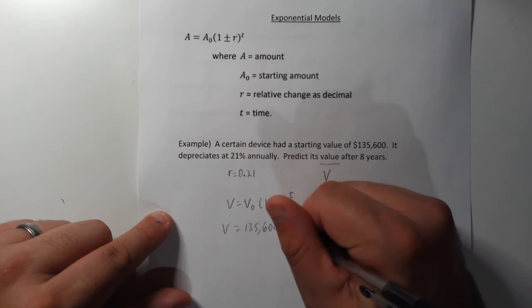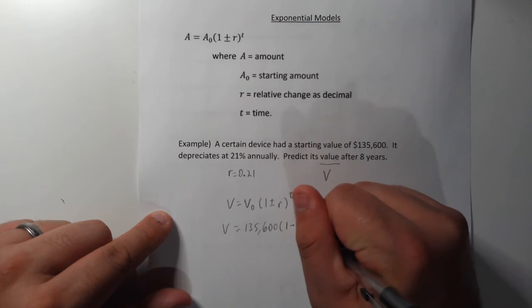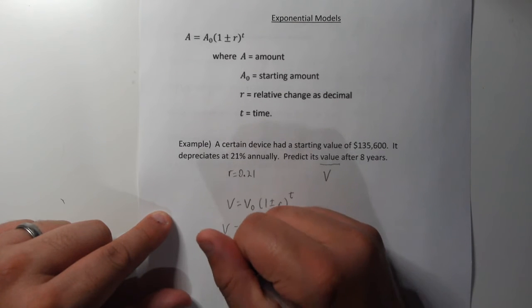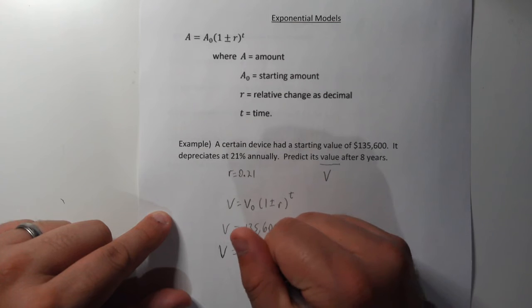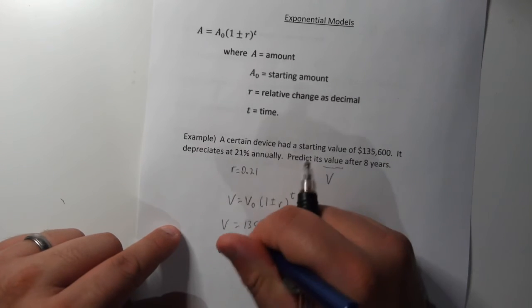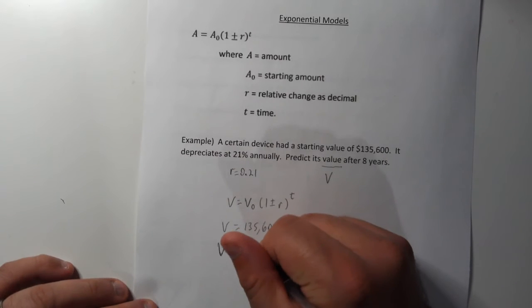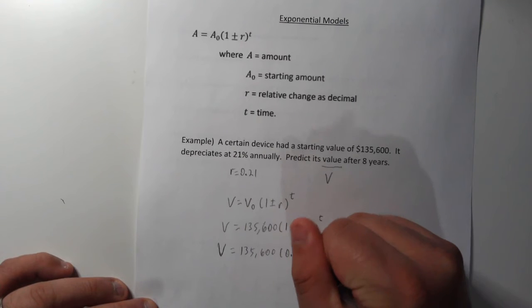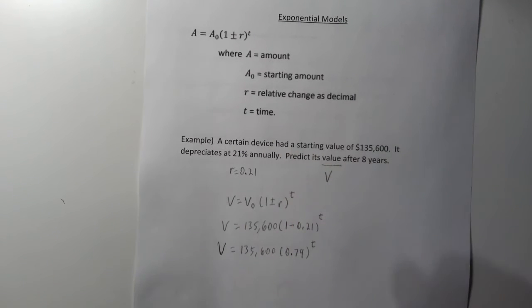That means it decreases. So 1 minus 0.21 to the tth power, which is V equals 135,600 times 0.79 to the tth power.